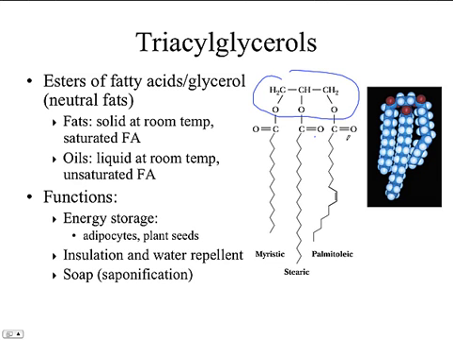We also used to use this in the production of soap. We now, of course, have much cheaper and probably less healthy ways of obtaining soap. But basically, by hydrolyzing triacylglycerols using sodium hydroxide, that was how we used to obtain soap. And some people do still make soap in that manner.